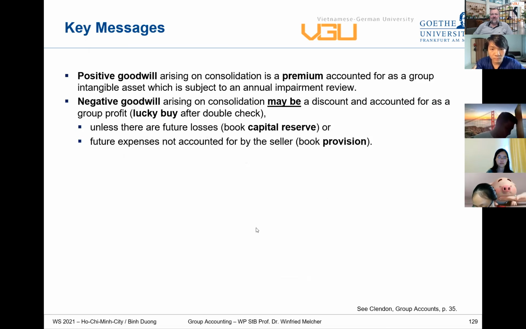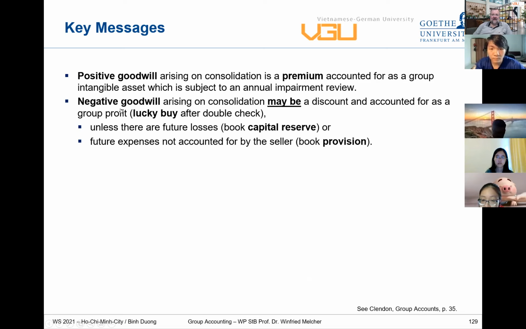What do we take away from this small exercise? Well, a positive goodwill is a premium accounted for as a group intangible asset, which is subject to an annual impairment review. We call that goodwill.